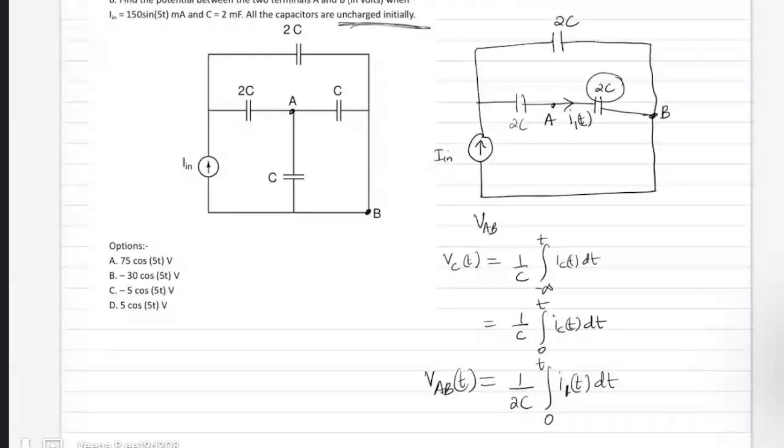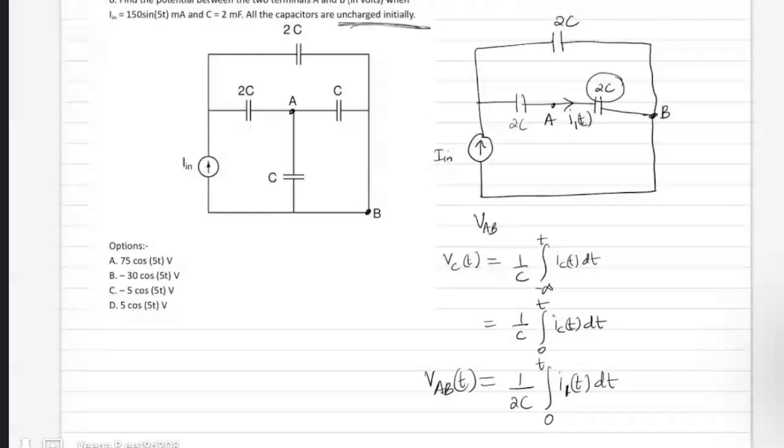Okay. So now if I again redraw the circuit, you have here I in, there is 2C, there is another 2C, this is A, this is B, and there is another capacitor which is 2C. Now this 2C and this 2C are in series. So when capacitors are in series, the equivalent capacitance is the product of the capacitances divided by their sum.